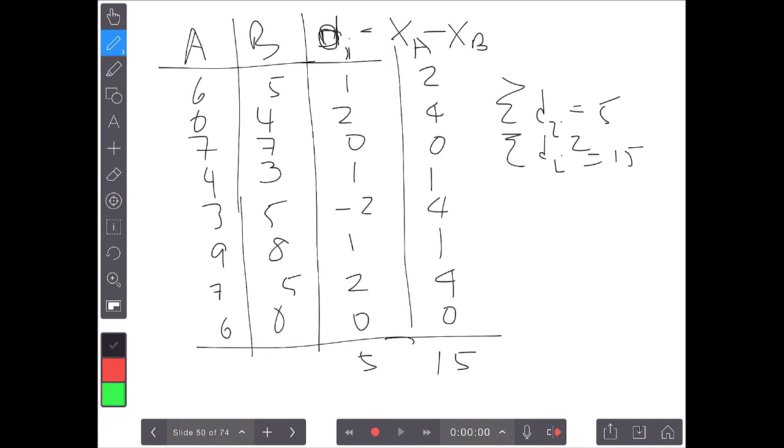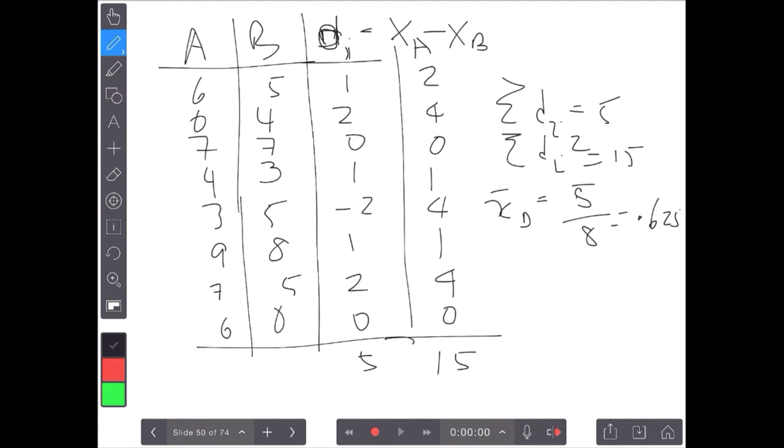And so I could calculate S D and X bar D, my apologies. So I could actually calculate the sample mean and the sample standard deviation. So X bar D is just 5, the sum, over 8, which is 0.625.